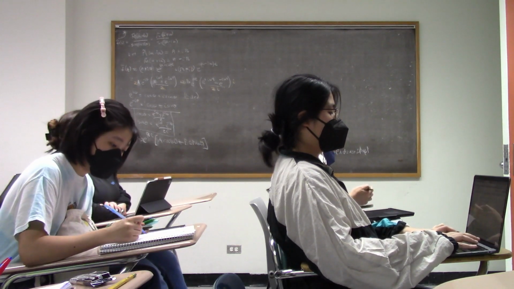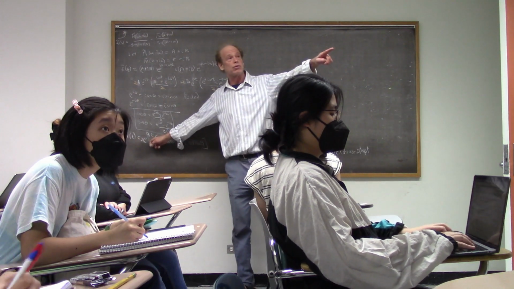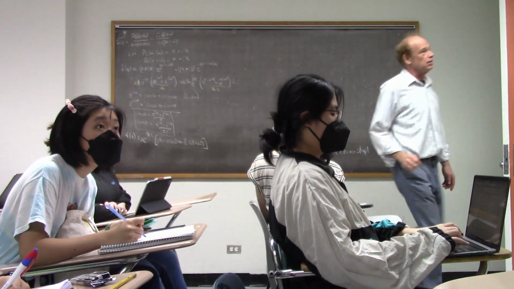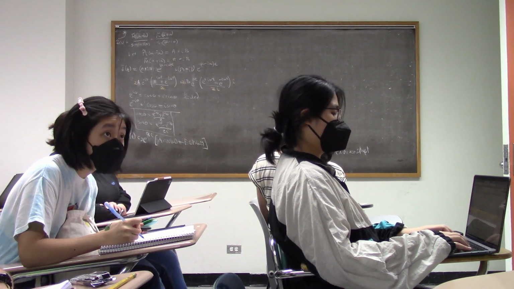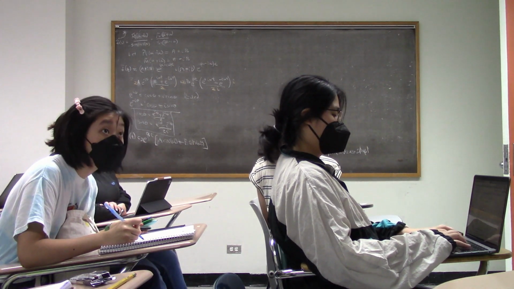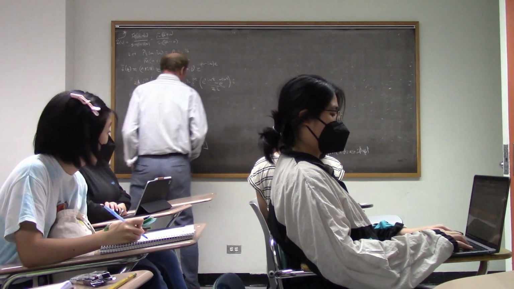What's happening here? I still have the e to the alpha t term that I had before. I had it here, and I had it here. However, now it's multiplied by sines and cosines. So what happens there?